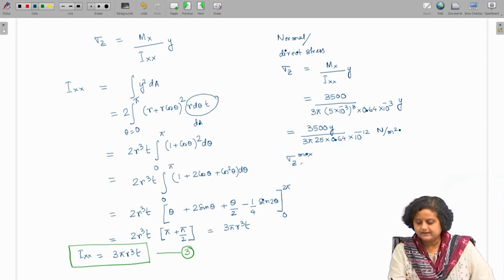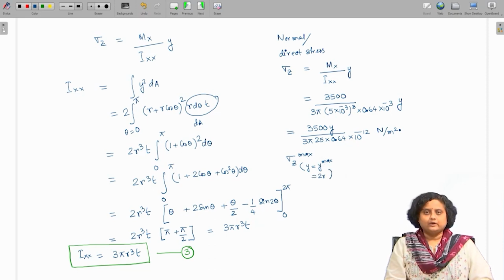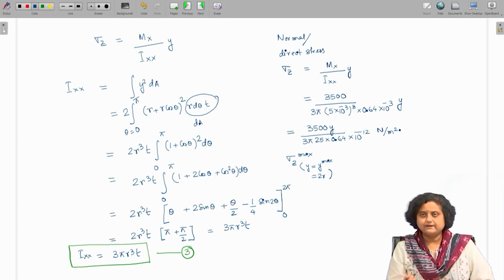So, this is going to happen at y equals y max, which is going to be plus minus 2r. So, either the maximum tensile normal stress or the maximum compressive stress.